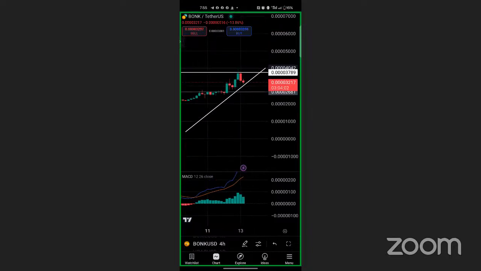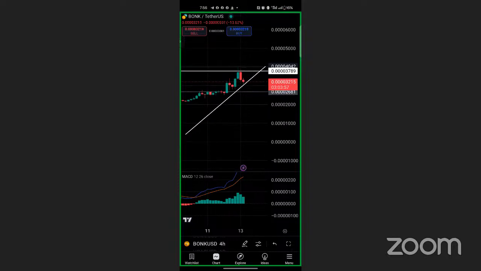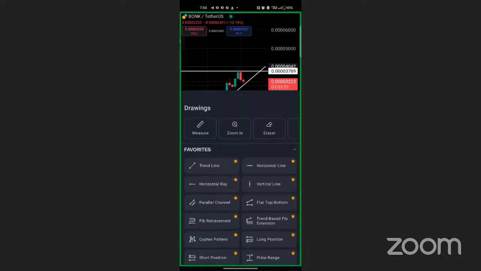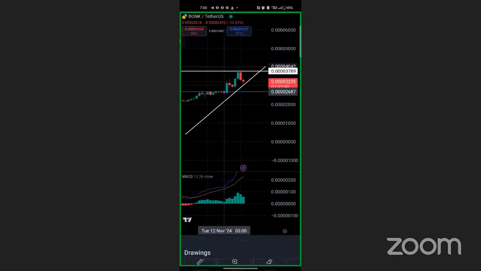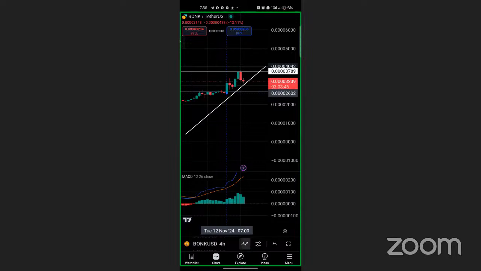And basically, the market moves, touches the line. Let me get the path. The market moves from this point here, goes up and touches this line. Then it comes down here. Okay. Then it goes up here.